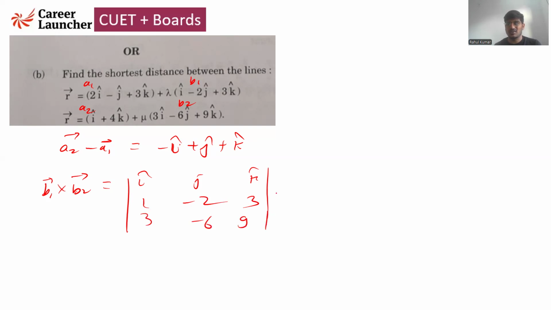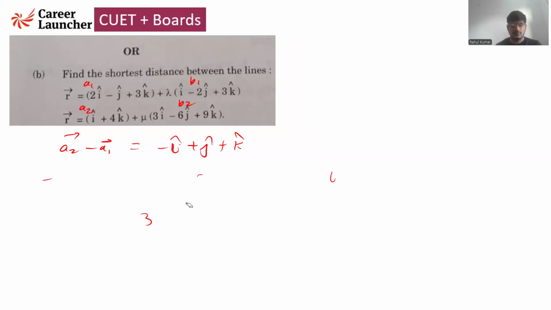I have told you that if you can take out any number common, just take it out as fast as you can, because I think they are parallel to each other. Okay, both lines are parallel to each other. This is the best thing I received.